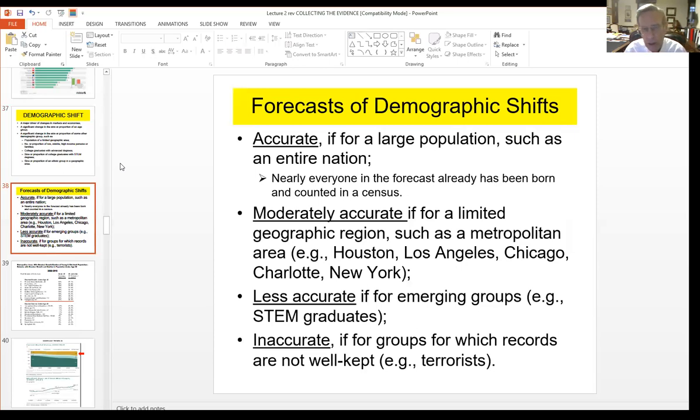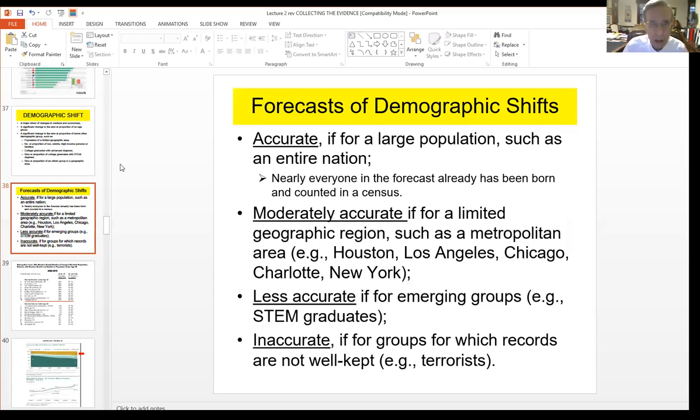And then finally, there are some groups that we just don't see. They're there, but they're really hard to identify. Records are not kept for them. And a perfect example is terrorists, right? Terrorists don't want to be recorded. They don't want to be noticed.